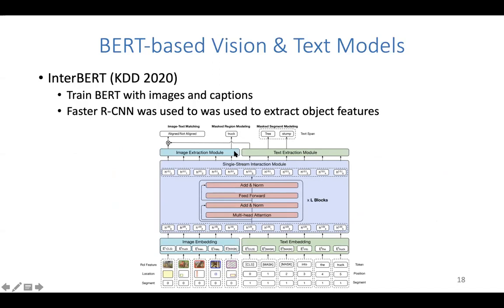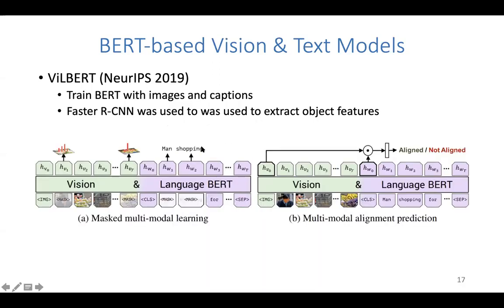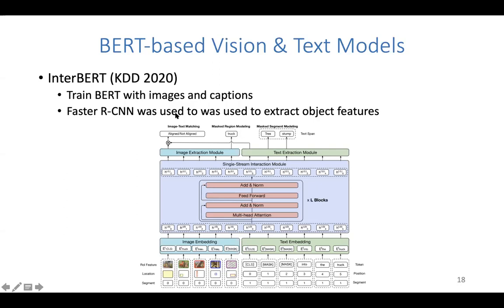They use those modality-specific extraction modules for pre-training objectives: masked language modeling, image text classification, and masked region modeling. Masked region modeling is the same as doing this here, because InterBERT again uses Faster R-CNN to extract objects from the given image. So the basic approach is more or less the same for all these models.